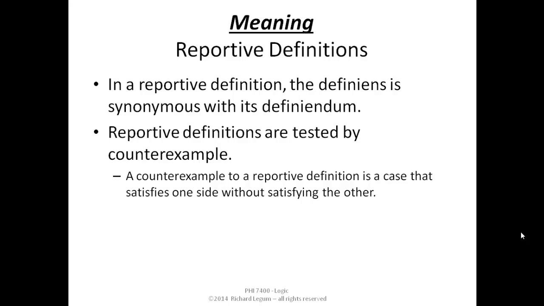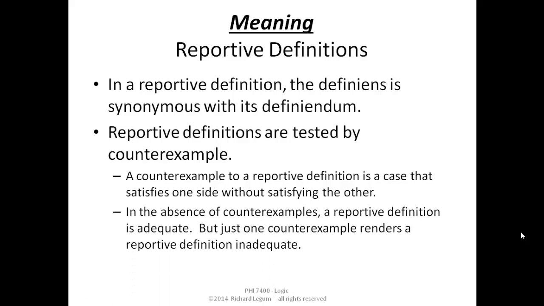That is, everything satisfied by the definiens, the thing doing the defining, the adult female sibling, everything that meets that criteria is a sister, but it excludes too much. It excludes children, and there are children who are sisters also.